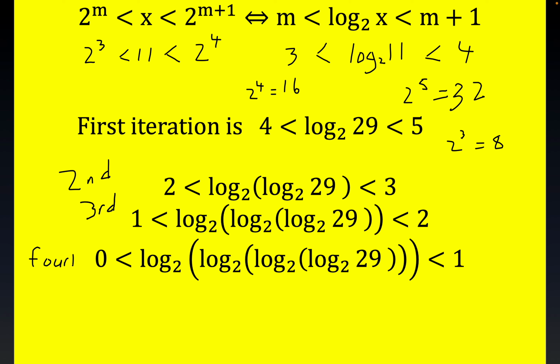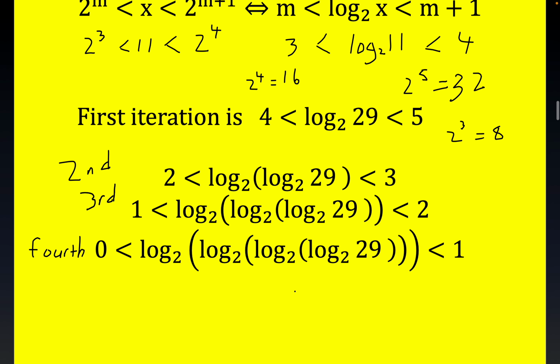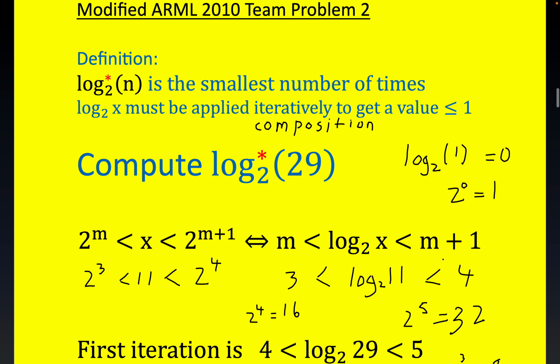After 4 iterations, not surprisingly, since the logarithm function always returns a smaller number, it didn't take long, just 4 iterations, to get a number less than 1. And again, that was our goal, to get something less than or equal to 1. I don't know if you could ever actually get to 1. But anyway, the answer to this question, log star of 29, is 4. The answer is 4.